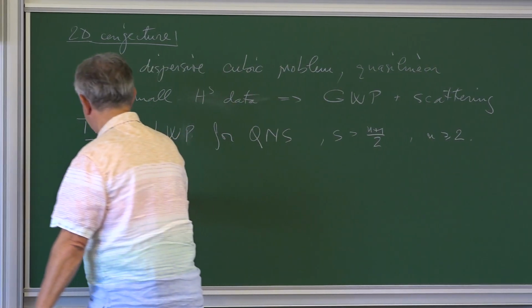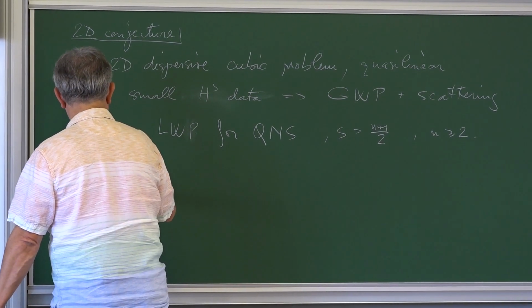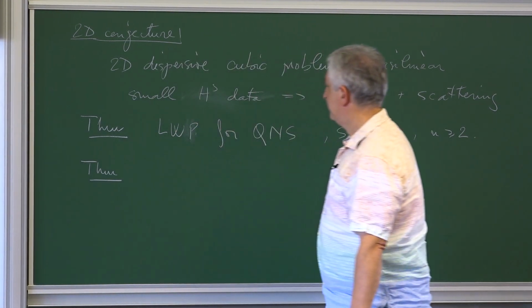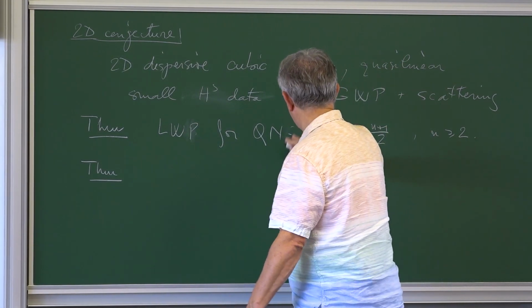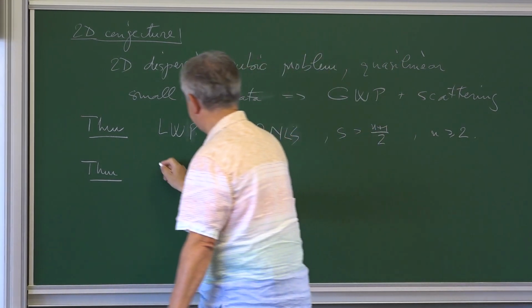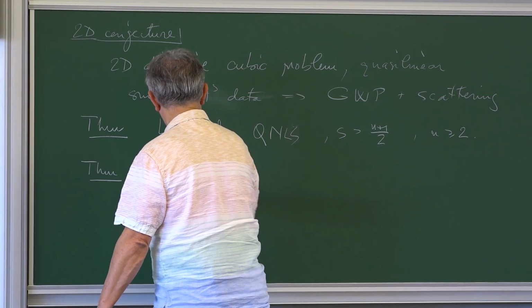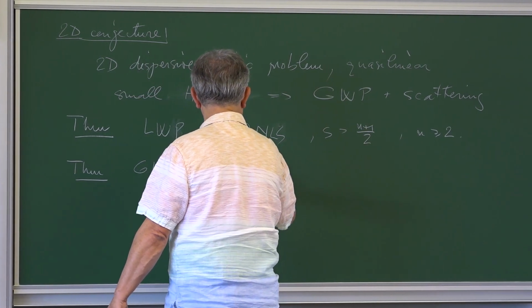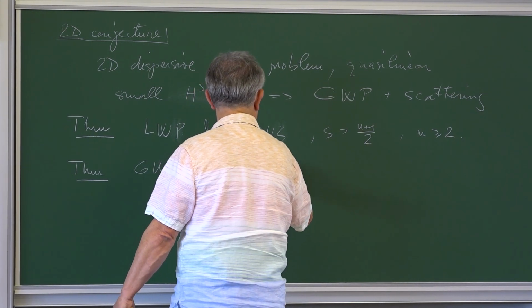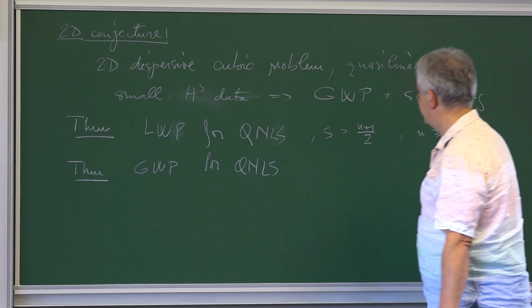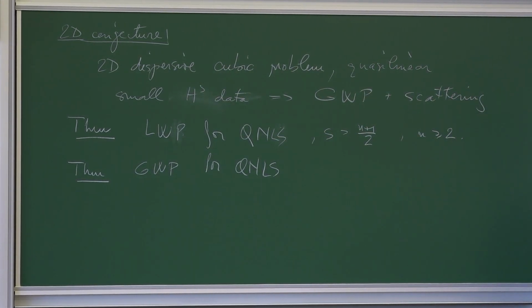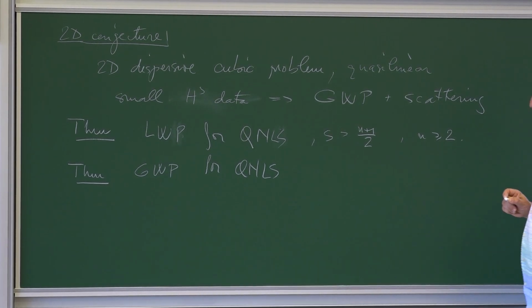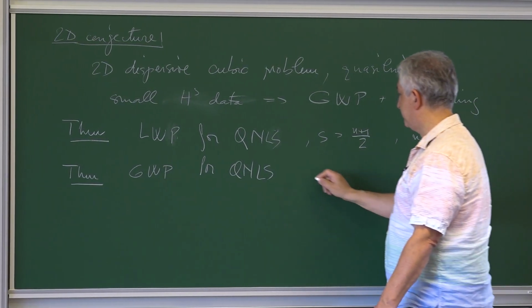And then the second theorem, this is the global QNLS global well-posedness result. Okay, and here we have two versions of the theorem, maybe three versions of the theorem.